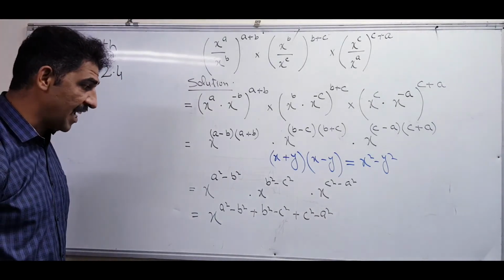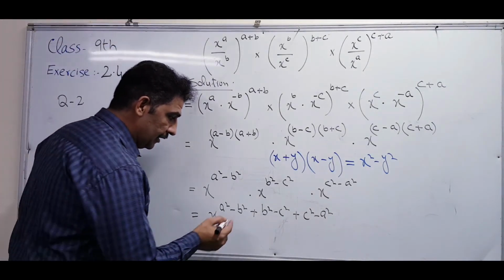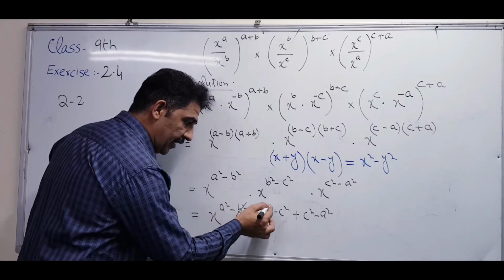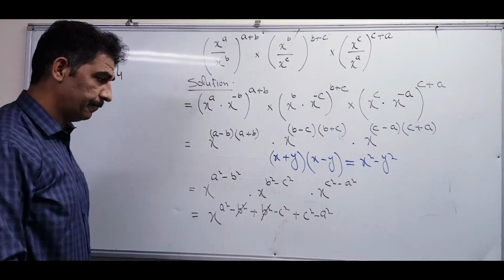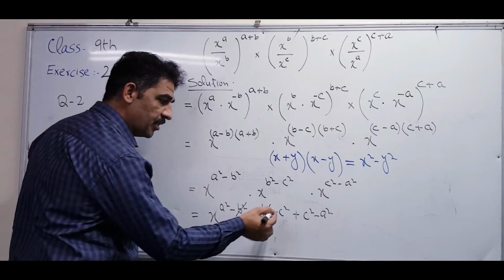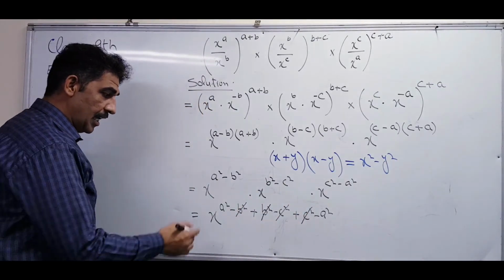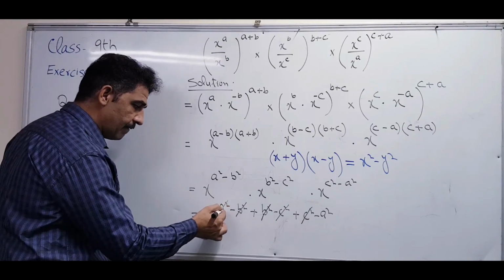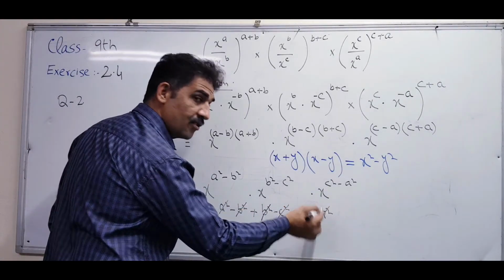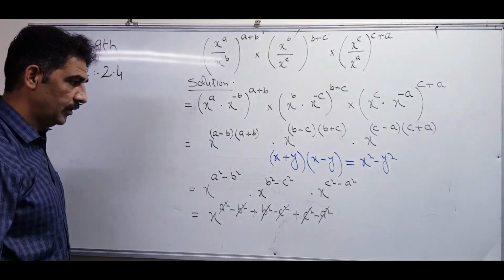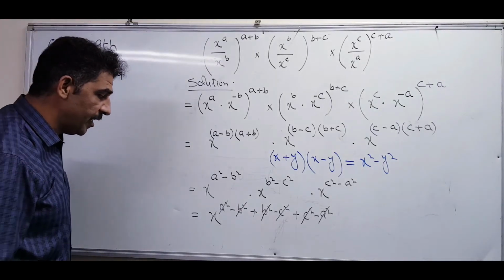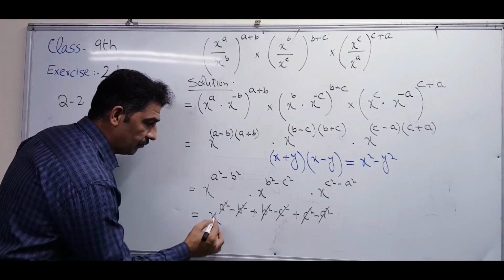Right? Now we will check that. What is the cancellation? Minus b square cancels by plus b square, minus c square cancels by plus c square, and a square cancels by minus a square. Correct? So what's remaining? All are cancelled.